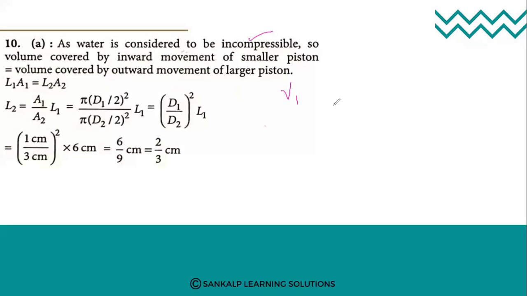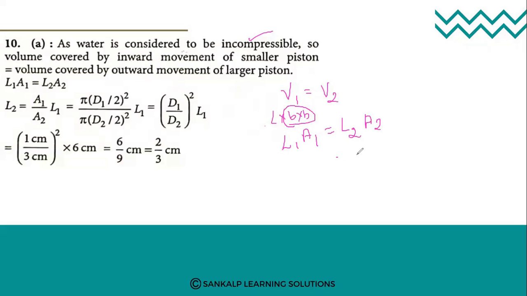Therefore, V1 is equal to V2. Volume can be written as length into breadth into height, and breadth into height I can change to area. Therefore, L1 A1 is equal to L2 into A2.